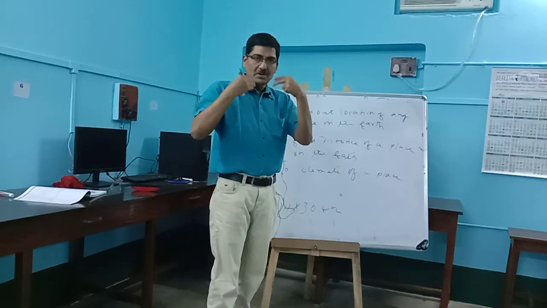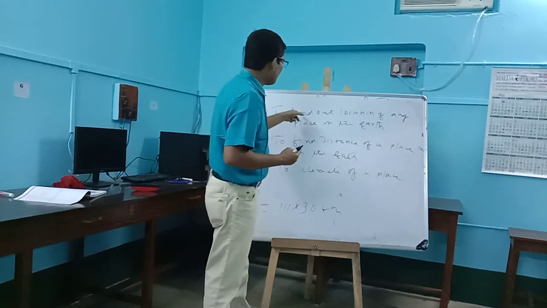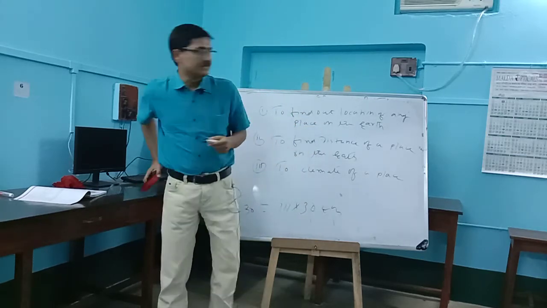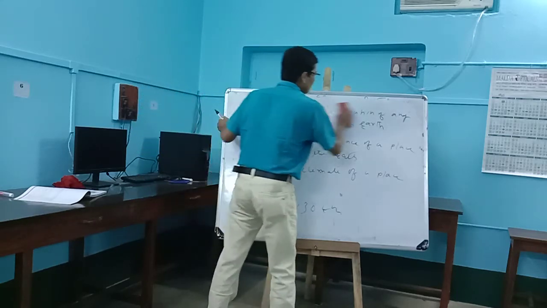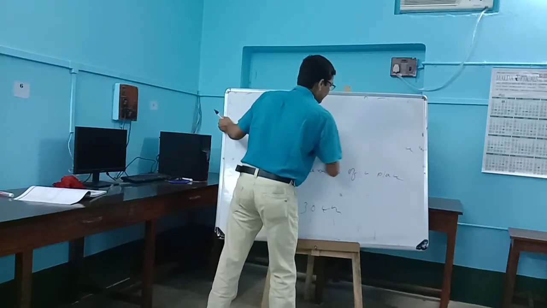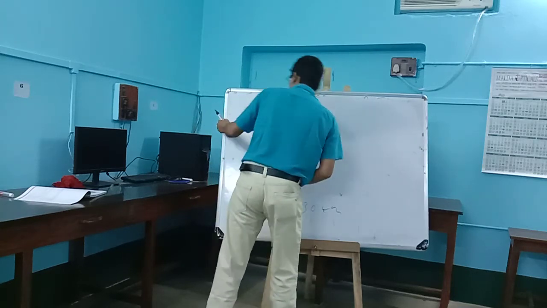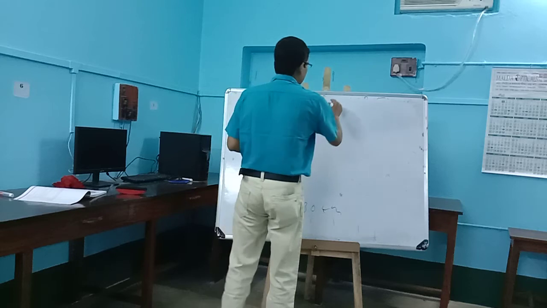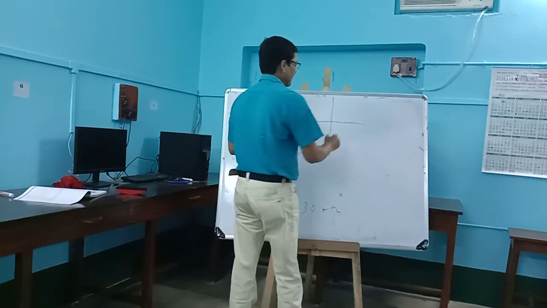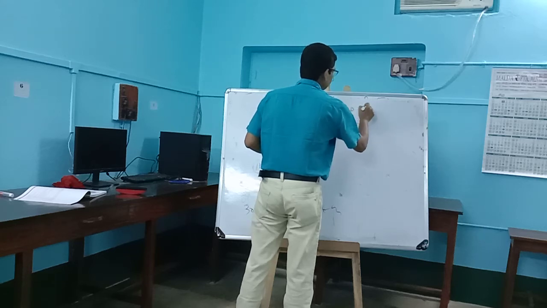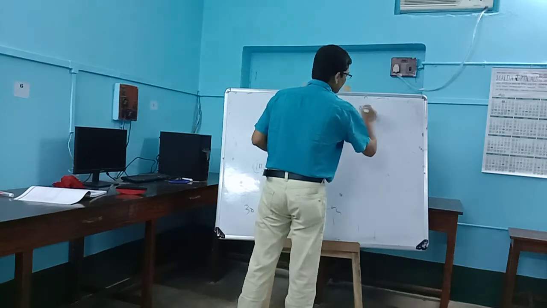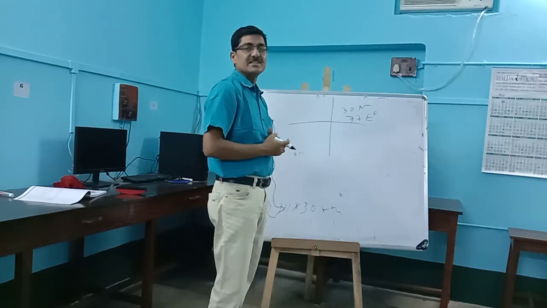How will we find out the location of a place? Just now I told you Delhi is located between the lines of latitude and longitude, where they intersect at 30 degree north and 77 degree east longitude.